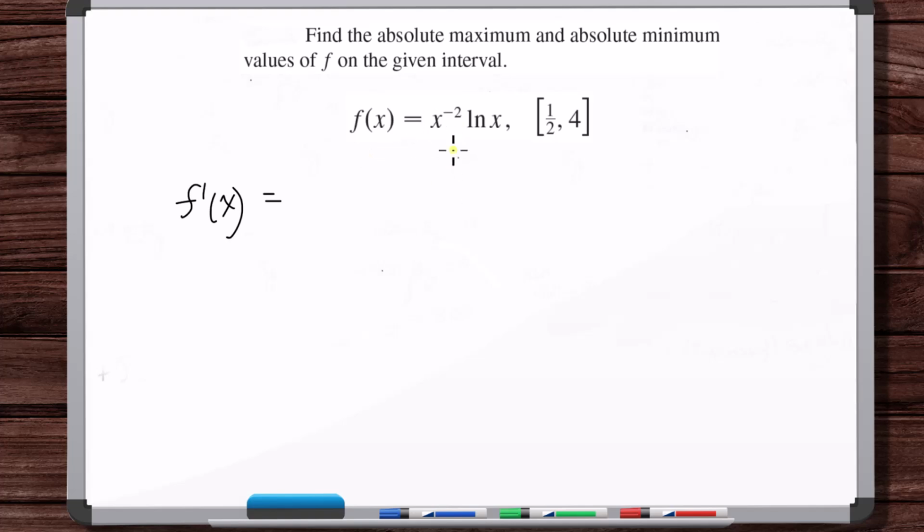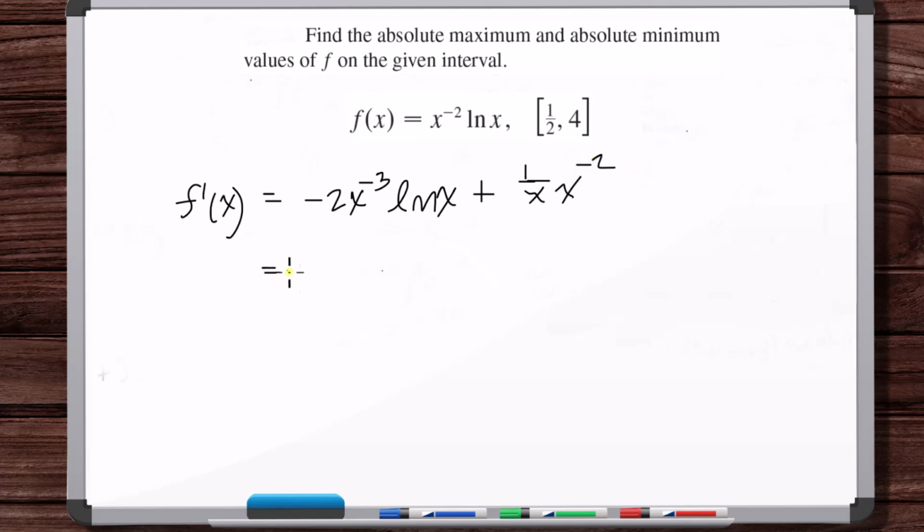Let's take the derivative using the product rule. So derivative of the first times the second plus derivative of the second times the first.